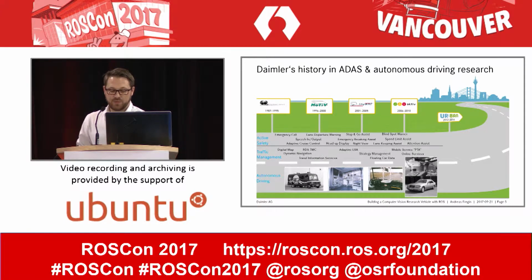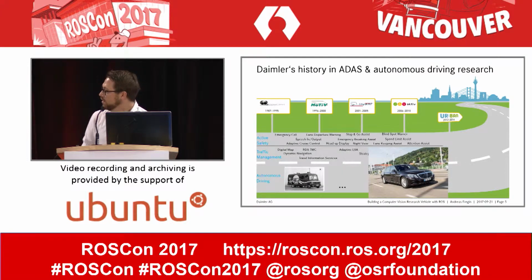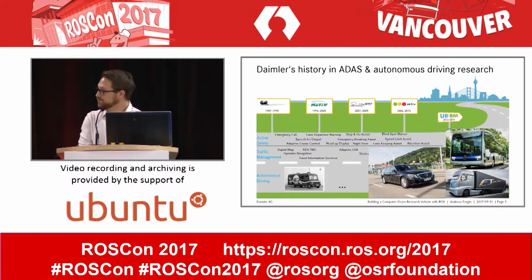In more recent days, we showed an autonomous drive called the Bertha Benz route in 2013 on public roads in Germany with the car called S500 Intelligent Drive. And a year later, we also showed this drive in the USA, and we also brought it to the truck world and bus world.